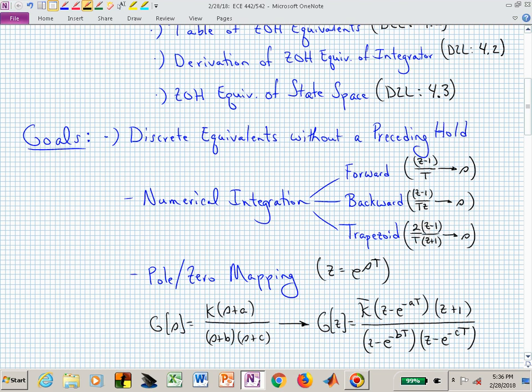And there we only have a finite distance to walk, and when we get over to the other side, we start at DC, which is z equal 1, and then we just start walking along. Different angles correspond to different points on our frequency axis in the z-plane.